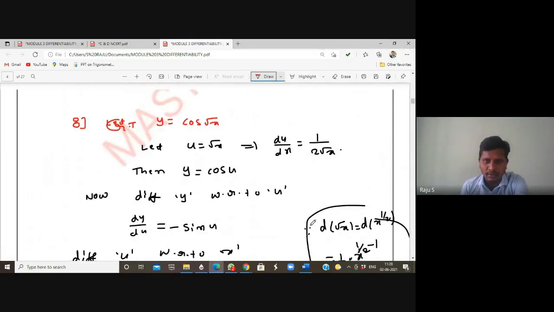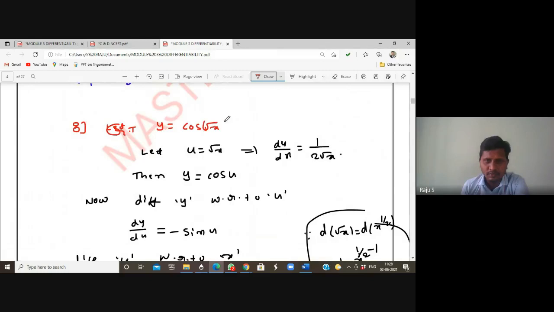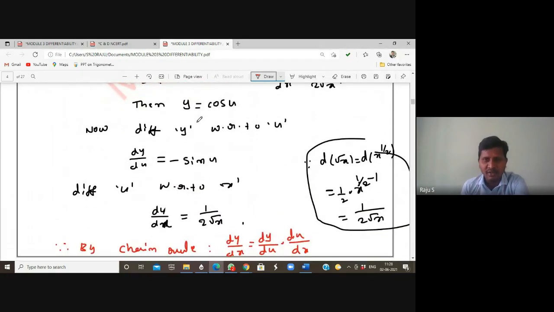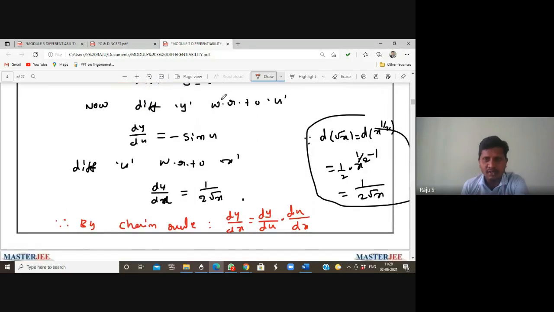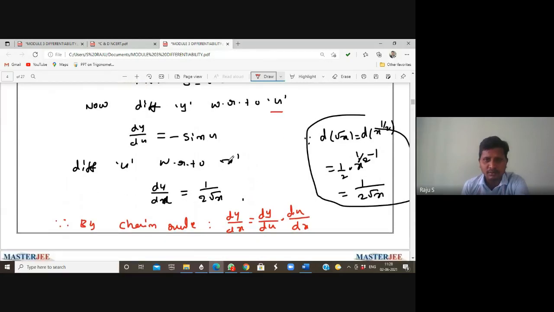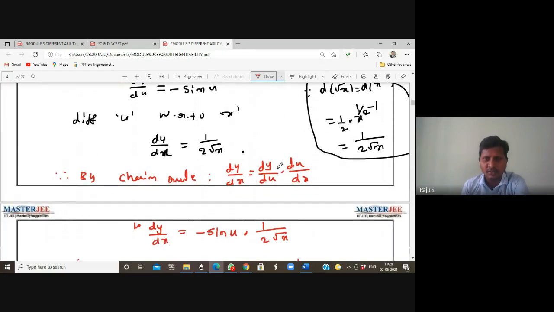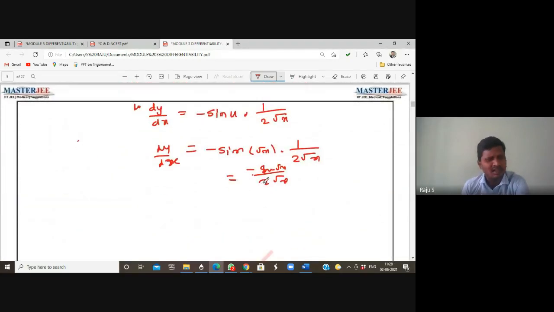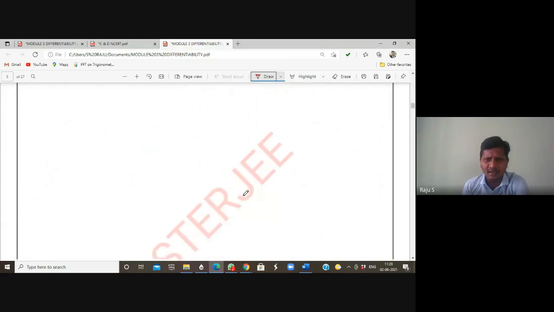Simple. Consider the bracket value as u, then du by dx, then the function becomes y is equal to cos u. Differentiate with respect to u. The cos u derivative is minus sin u. Okay, after that, take the chain rule, substitute the values, and replace the u value. That's it. These questions are easy.